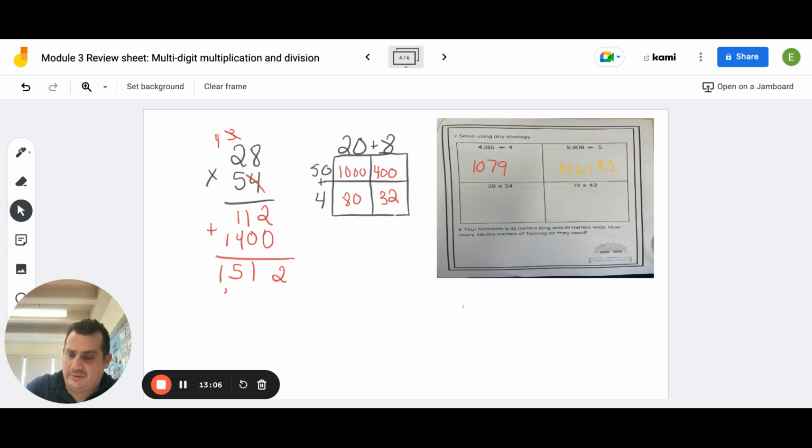You're going to add all 4 of those products. So you are going to do 1,000 plus 400 plus 80 plus 32. But a lot of you could see that 1,400. Let me combine it. 1,400, 80, and 32. 1,512. Okay?